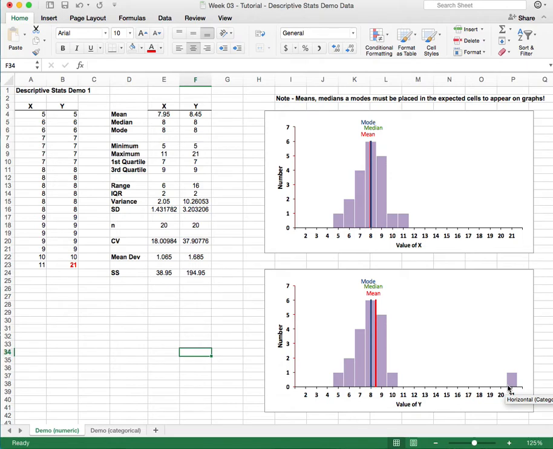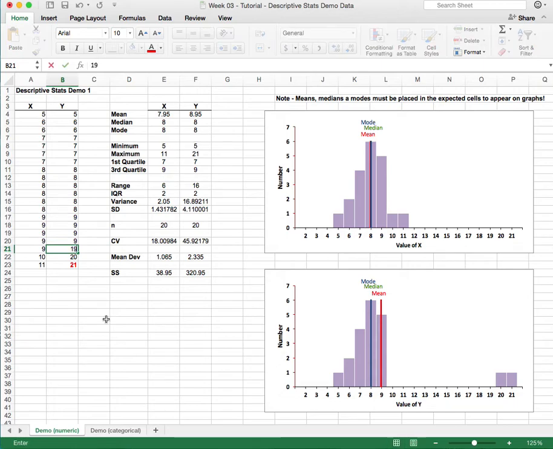All right, so now what I'd like to do is just sort of go in here, starting at this far end here, and just start slowly changing these values, okay? And seeing what happens as we change them. You can see that variance and standard deviation are continually creeping up, as is coefficient of variation and sum of squares.